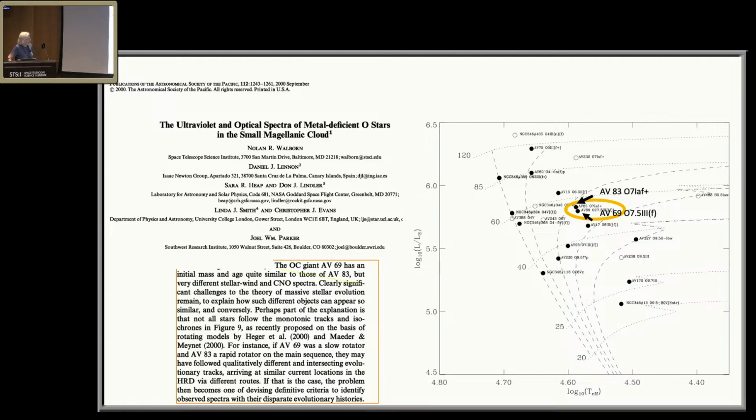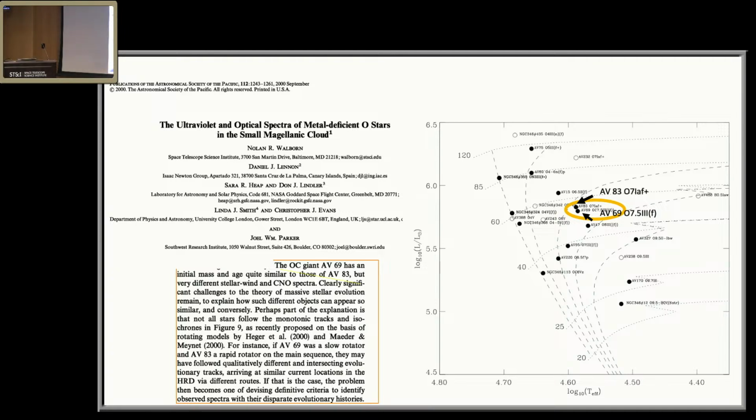The problem that he unearthed is the fact that there are two stars here on the HR diagram: AV83, which is a robust O7 Iaf+ star, and then AV69, which is a mild-mannered giant.